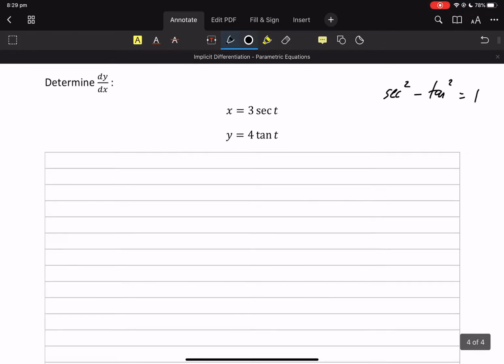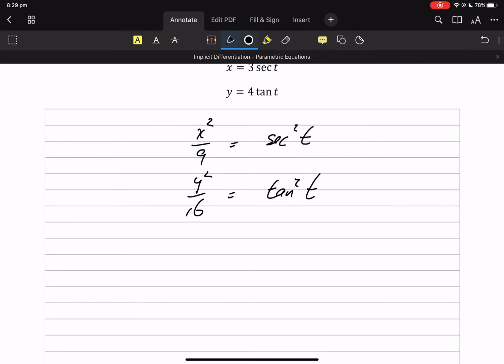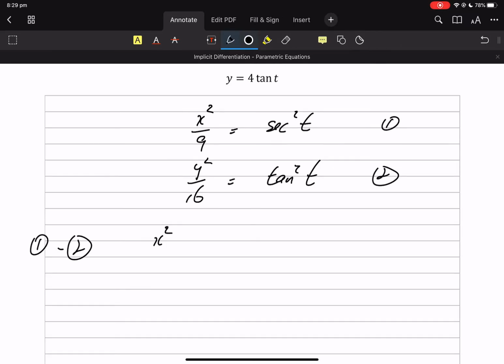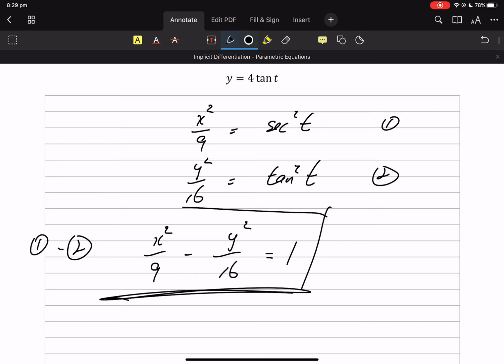So that'll be y squared on 16. And then we're going to subtract 1, 2, 1 minus 2, x squared on 9 minus... Hey, surely you can remember us doing that in another video.